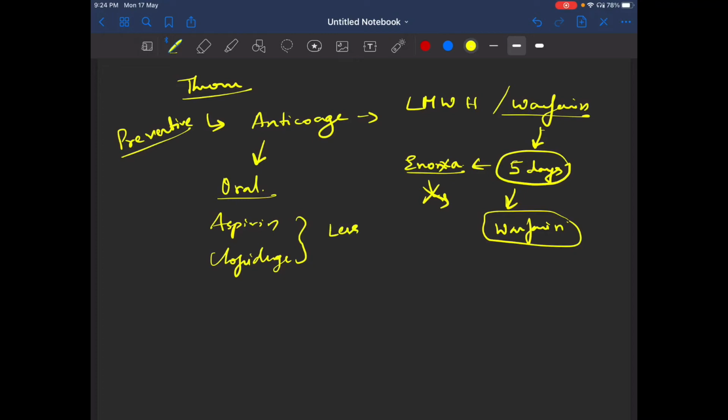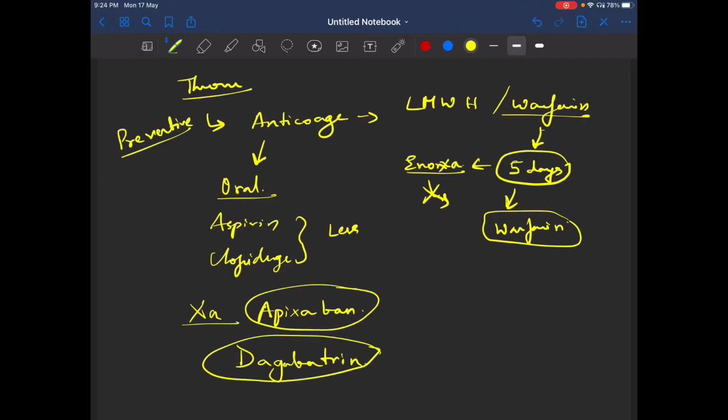But there are a few 10A inhibitors like apixaban and other antithrombin drugs, dabigatran, anti-thrombus formation drugs. Okay, dabigatran and apixaban. These are oral drugs and inhibit factor 10A, which is the common pathway, and therefore it prevents the thrombus.